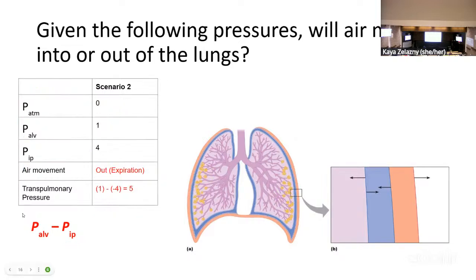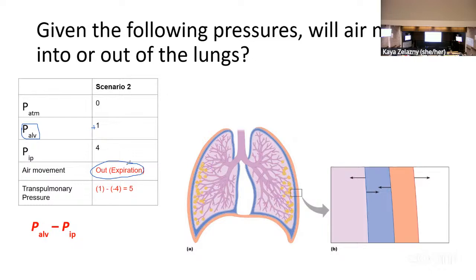For scenario 2, we're just doing the same thing. We're looking at whether this alveolar pressure is above or below our atmospheric pressure. We've set atmospheric pressure equal to 0, so we can just look at positive or negative. This is a positive number, so it's higher than our atmospheric pressure, so we are breathing out. If we're trying to figure out breathing in or out, that's all we need to know.